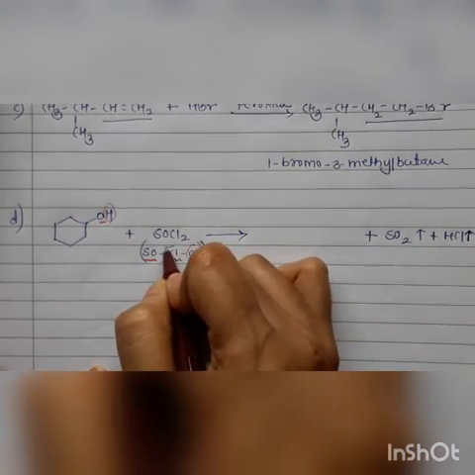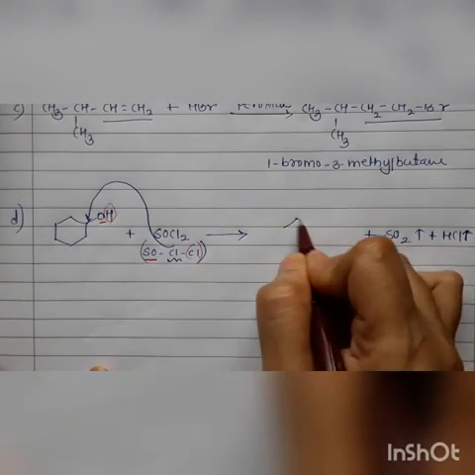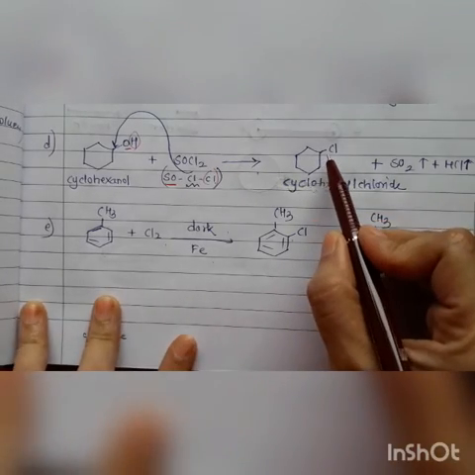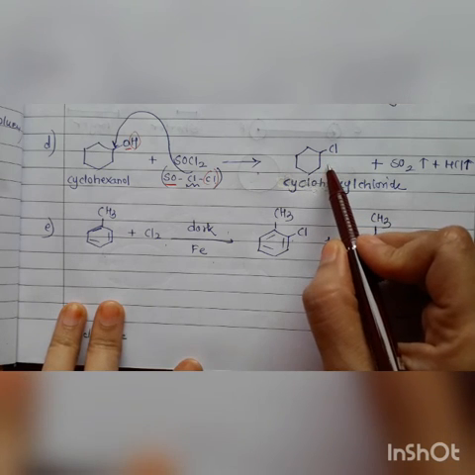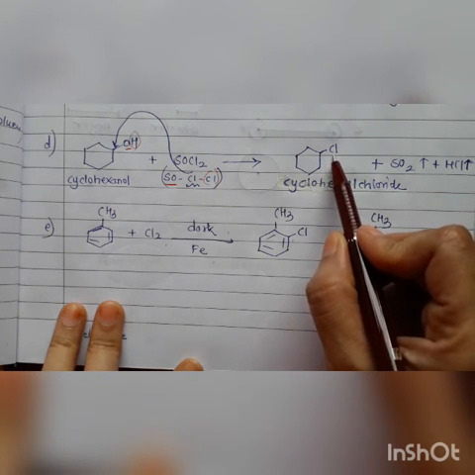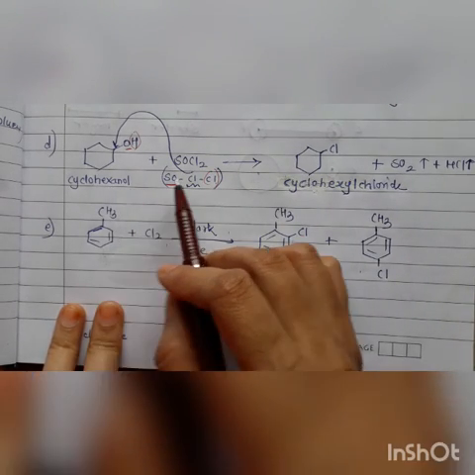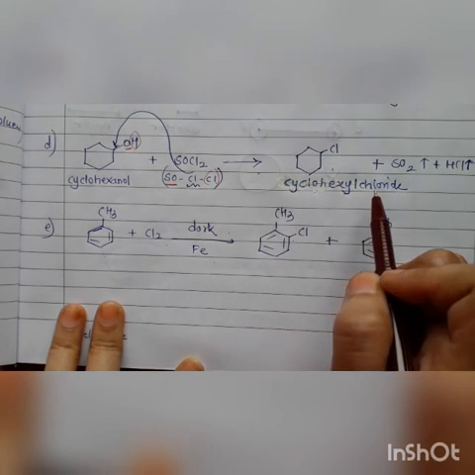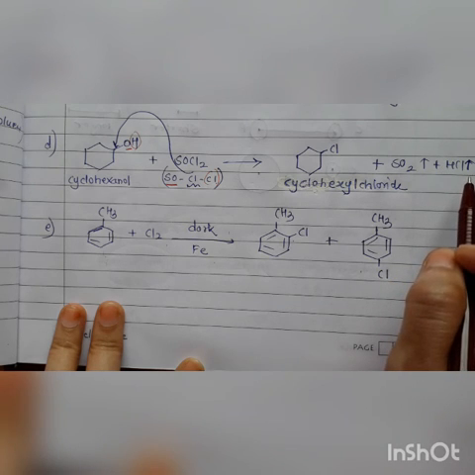That chlorine will attack on this position. Okay. So this cyclohexane will become cyclohexyl and chlorine is there. So cyclohexyl chloride. Okay. So from cyclohexanol on reaction with thionyl chloride, cyclohexyl chloride has formed along with sulfur dioxide gas and HCl gas.